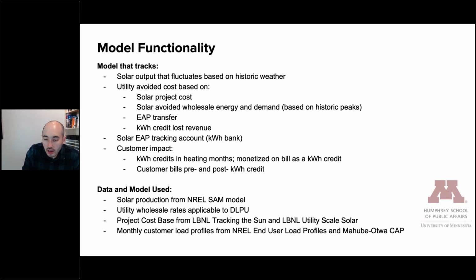And so we can look at different types of households: manufactured households, single family, multifamily households, households of different ages, households with electric heat, to get those simulated bills. So to recap, we're looking at all these different cash flows, the energy flows, and we're really trying to give a good sense of how this program could look in the real world, and also a little bit of the administrative challenges of trying to implement something like this.